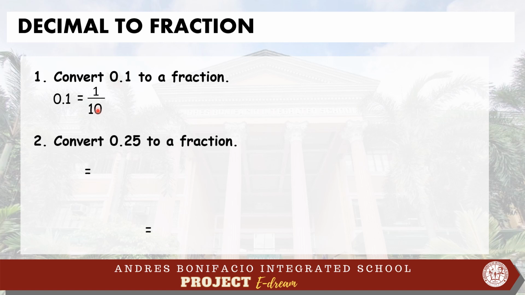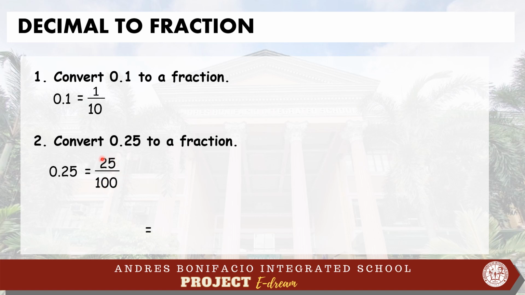Okay, example number 2. Convert 0.25 to a fraction. So, again, we have 0.25. So, just copy the decimal numbers, which is 25. So, that will be our numerator. Then, ang ating denominator, itong 0 na to, ito yung ones natin. This is our tenths, hundredths. So, therefore, our denominator is 100. So, 25 over 100.